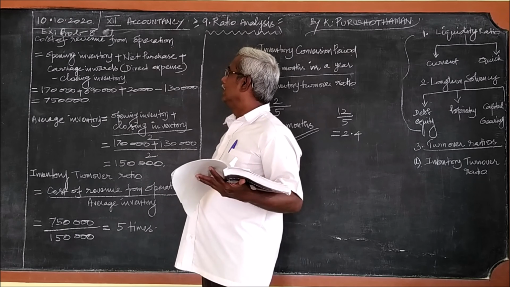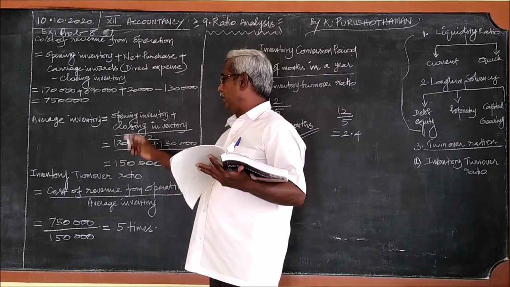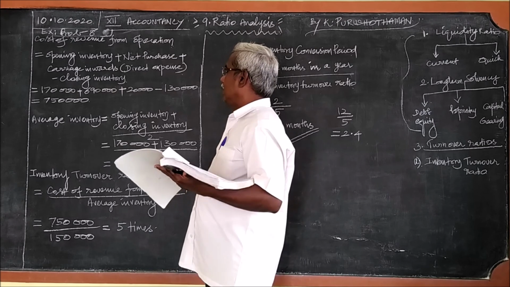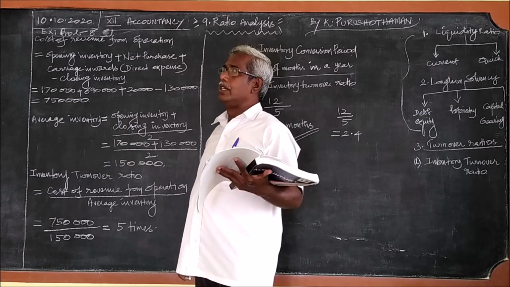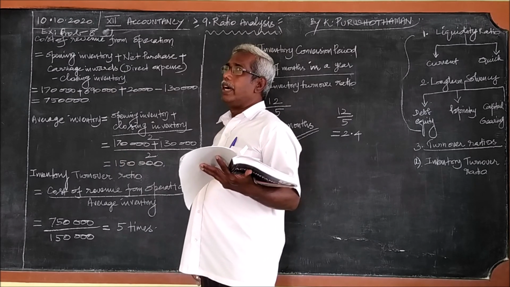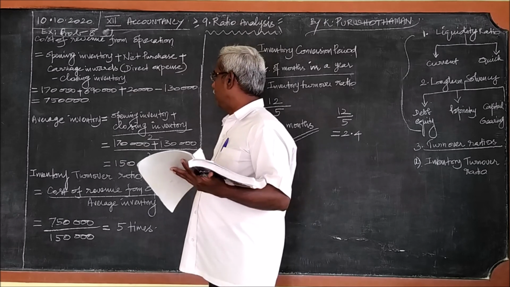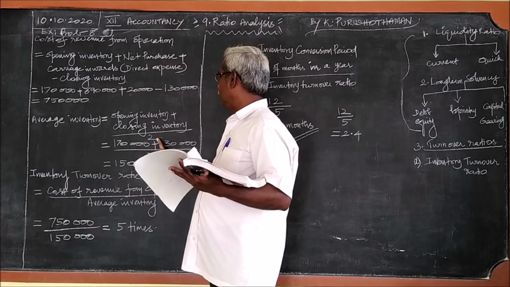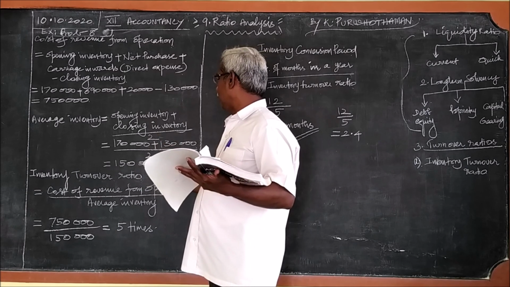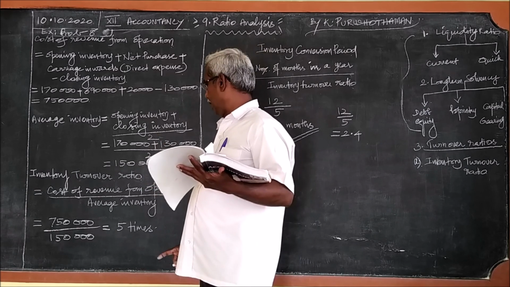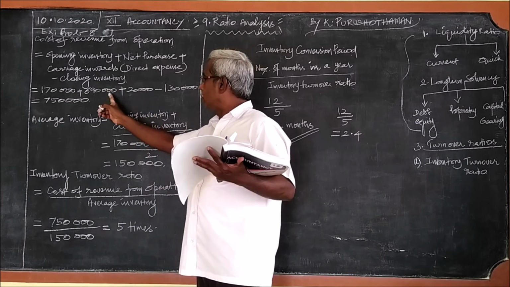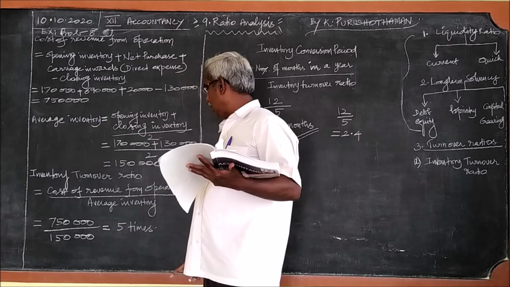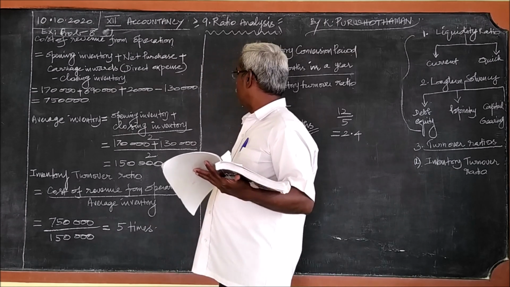And the denominator, average inventory. Average means for 2 items, add those 2 items and divide by 2. So opening inventory plus closing inventory by 2, 3 lakhs by 2, 1,50,000. Numerator value 7,50,000, denominator value 1,50,000. Divide it, you will get 5 times.